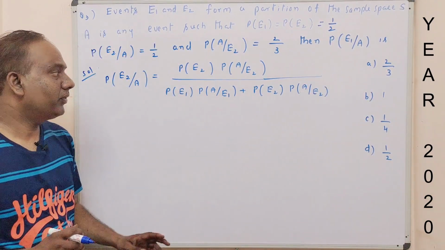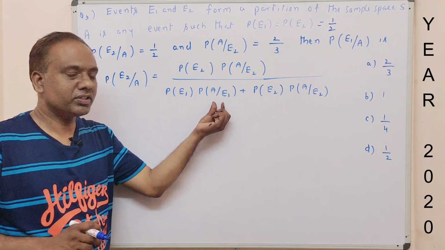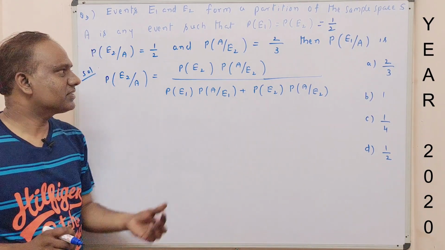But before that, P of A given E1, this value we don't know. First we can calculate this value. So it is Bayes theorem.